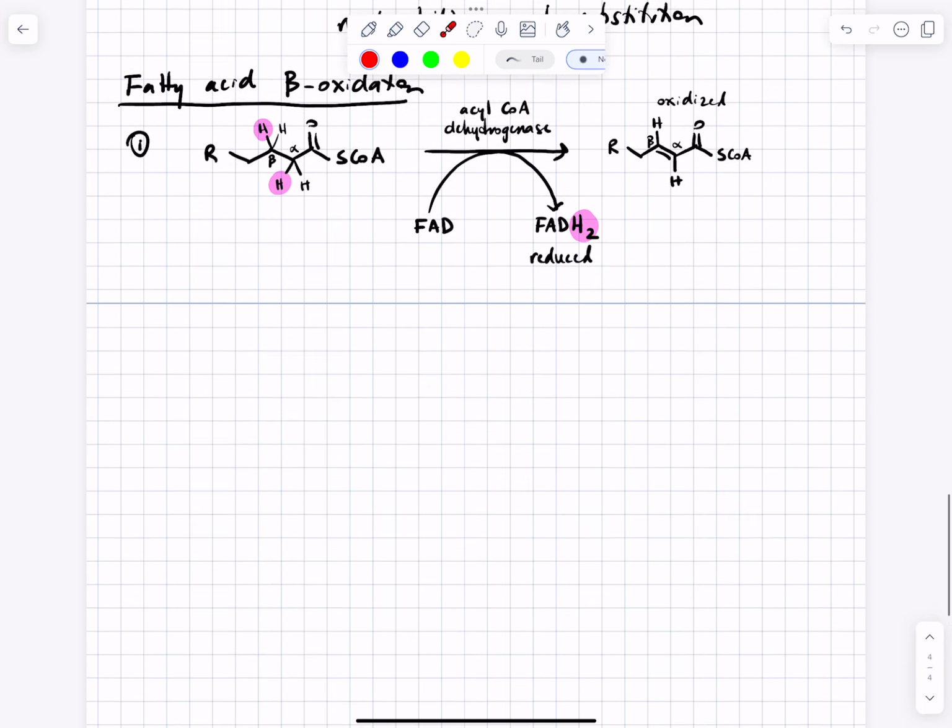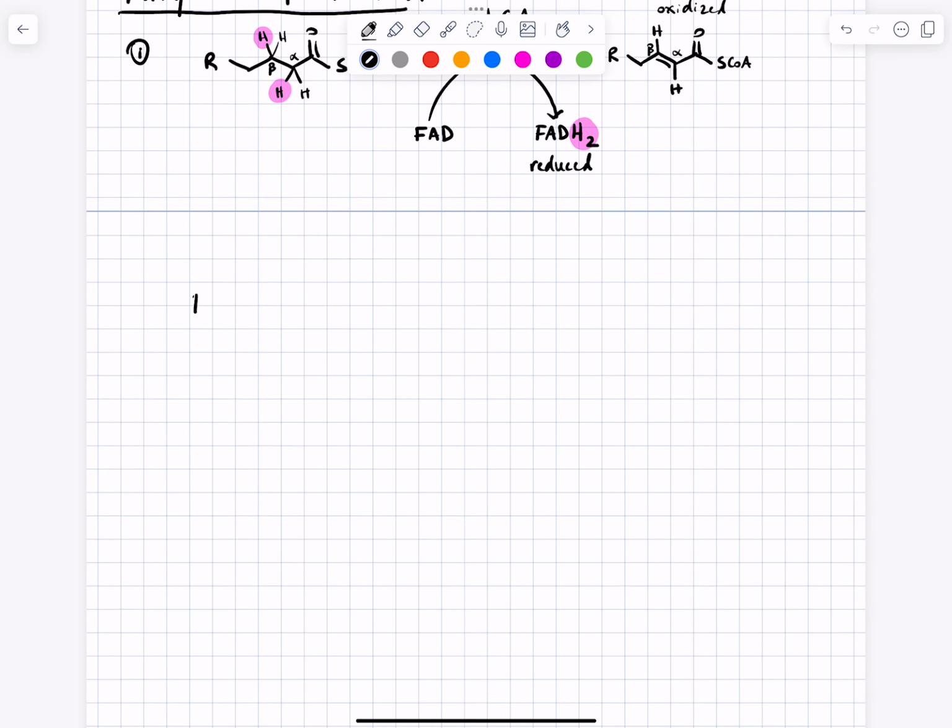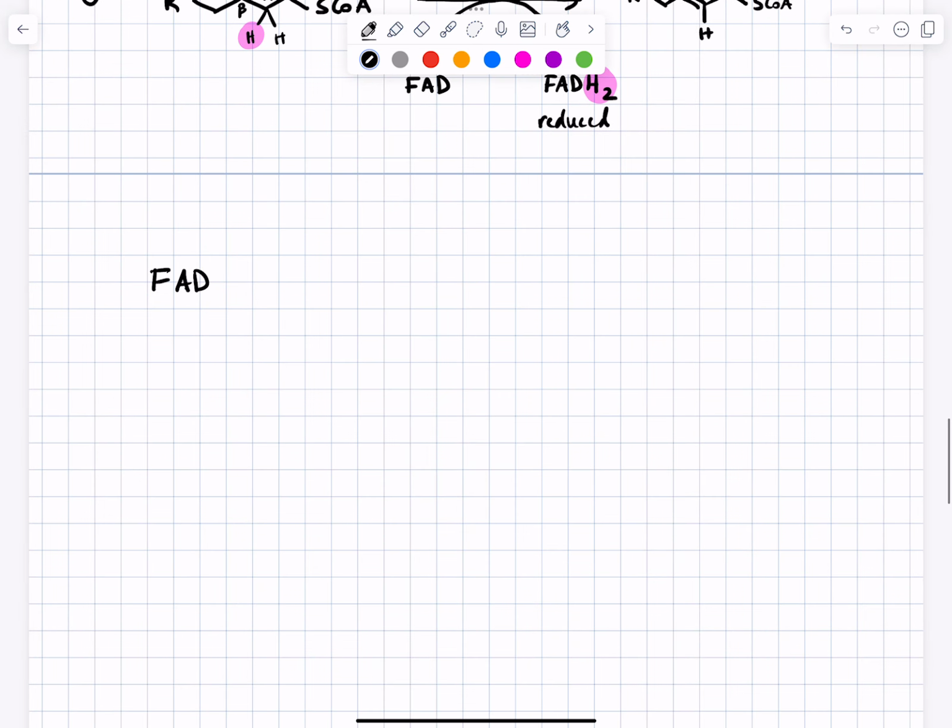All right, so let me draw the abbreviated form of FAD, and then I'll show you how it functions as an oxidizing agent. Here's the nitrogen that's attached to the ribose ring of FAD. That nitrogen is involved in a 6-membered ring, but at the para position is another nitrogen.